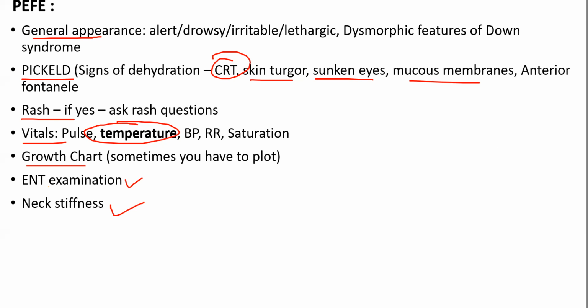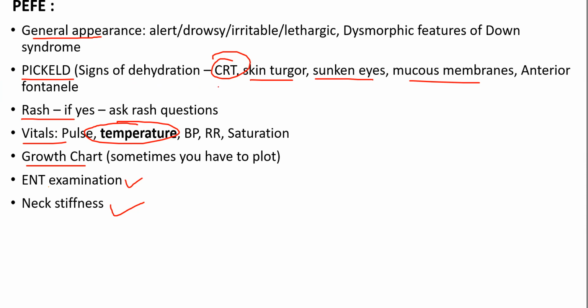So in that case, you will say everything to the examiner. You will say, dear examiner, I'm going to do a physical examination on this child, a 5-year-old or a 9-month-old who presented with fever and vomiting for 2 days. First, I will start with the general appearance, making sure the child is active, alert, or drowsy. I would check for any sign of dehydration.